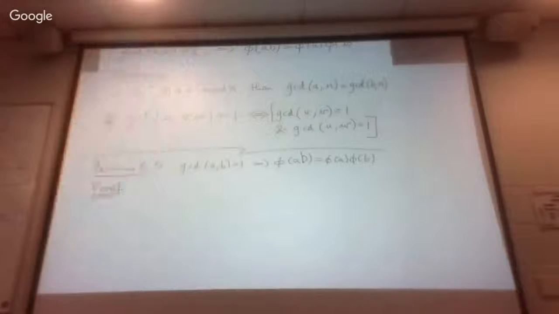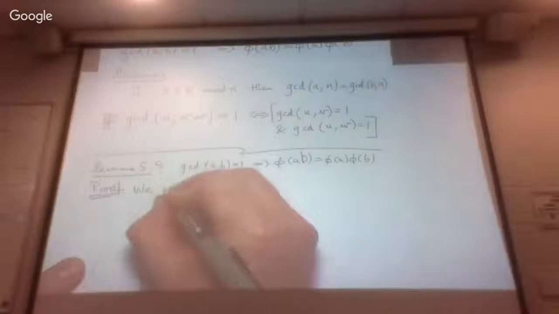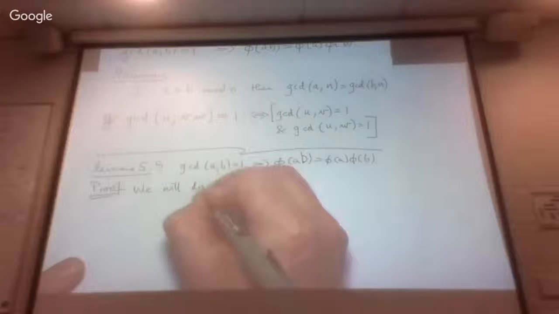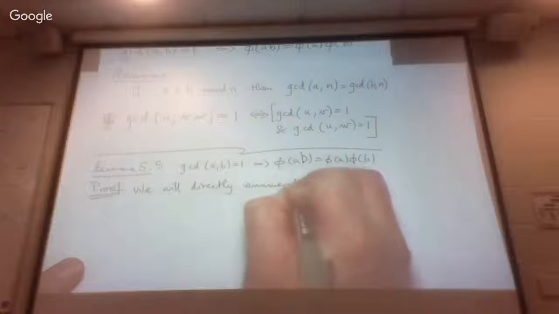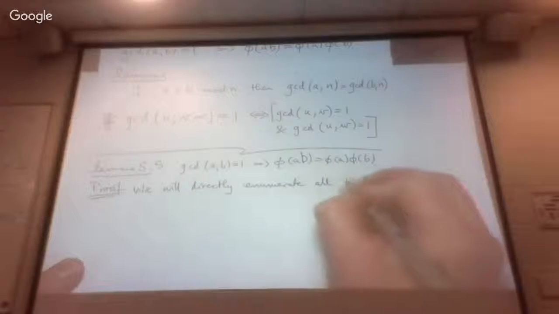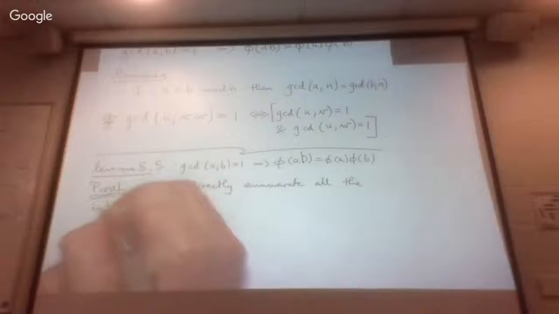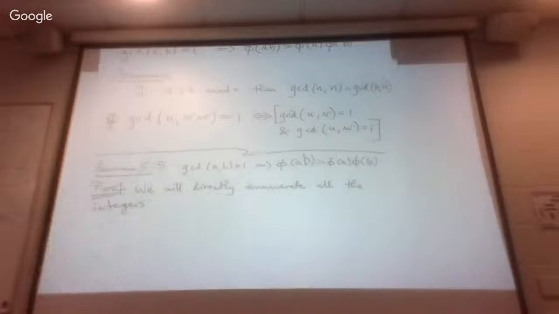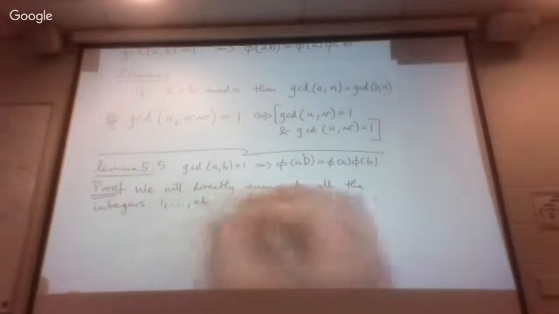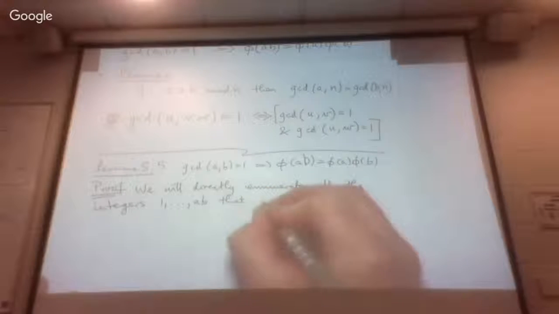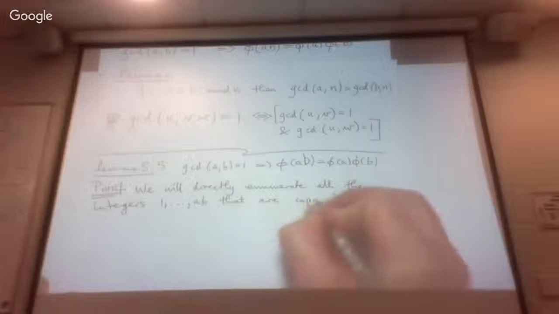But the whole thing basically centers on, we will directly enumerate all the integers, count all the integers in the range 1 to AB that are co-prime to AB.